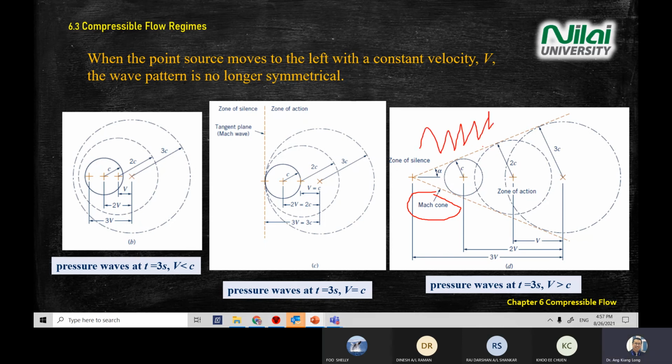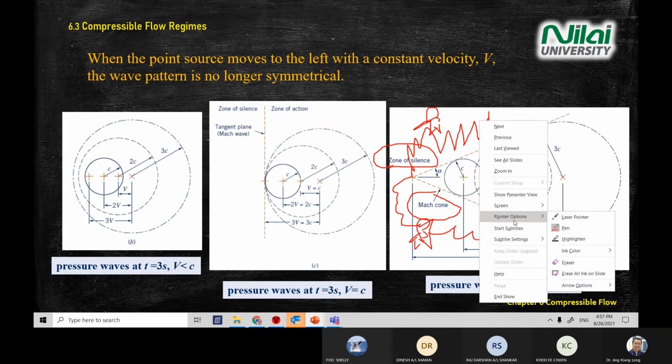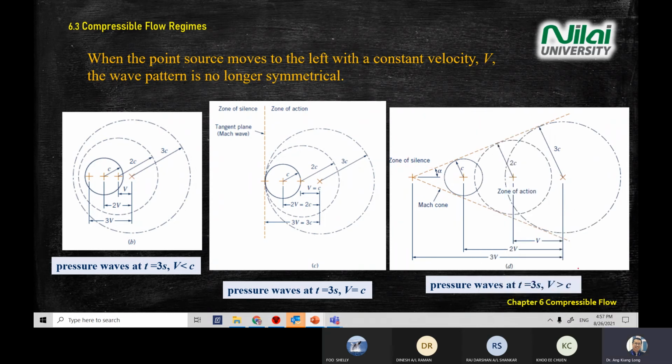The area outside the cone will have a zone of silence, meaning even if you stand in front or at the side, you won't hear the sound until it reaches you. So if you are outside the cone, you won't hear any sound. So we name this the zone of silence. You will need some practice to understand this diagram.